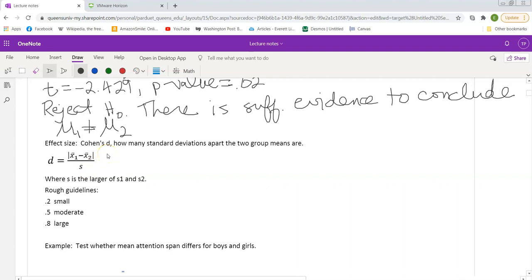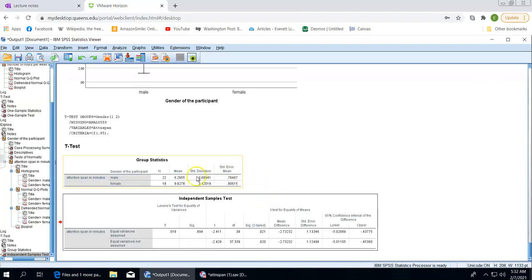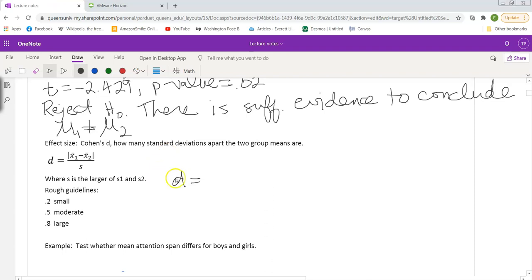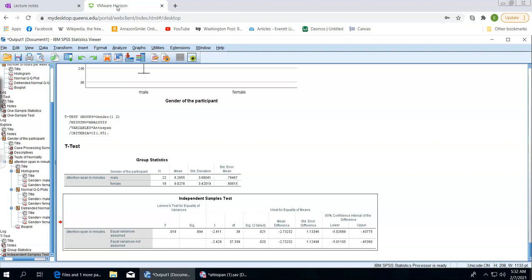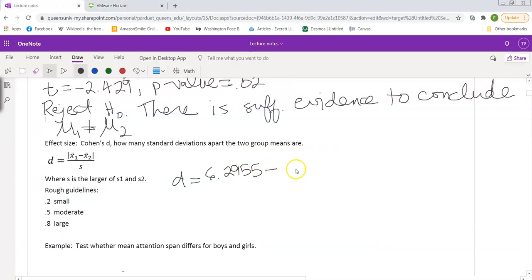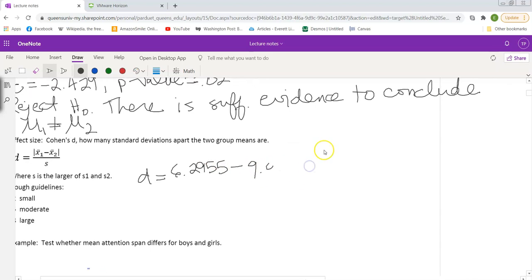So if we look back at our output, so that we can calculate Cohen's d, we need 6.2955 is the one mean. The other mean is 9.0278.